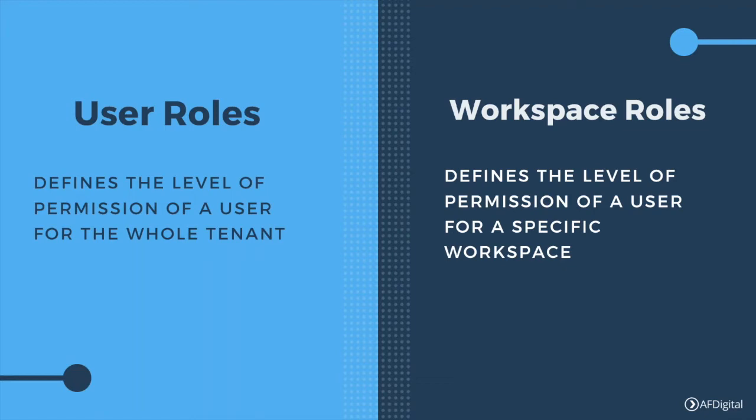The first one being, if you want to define the level of permission of a user for the entire Social Studio, you have what we call the user role. So you define what things they can access, what workspaces they can access based on the user role. So I can be part of 5 workspaces, but on the Social Studio level, I still have predefined permissions and capabilities of what I can do in Social Studio.